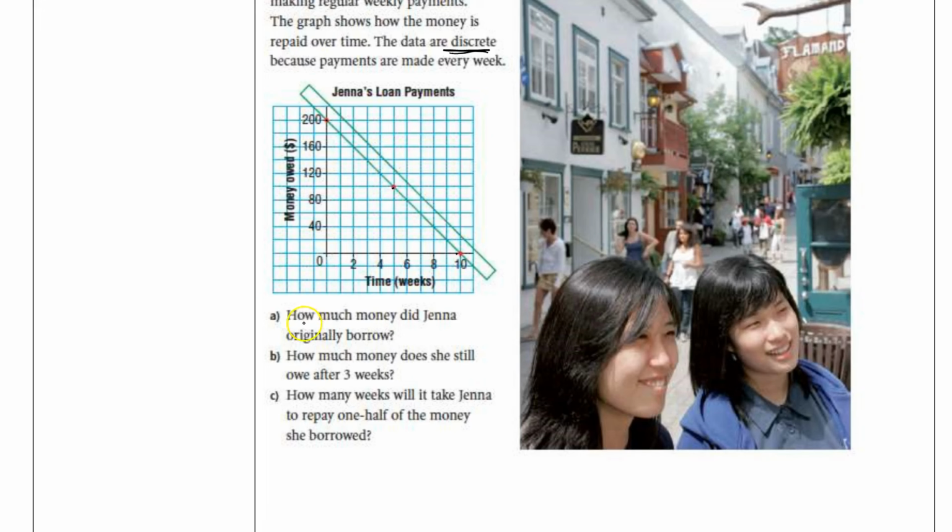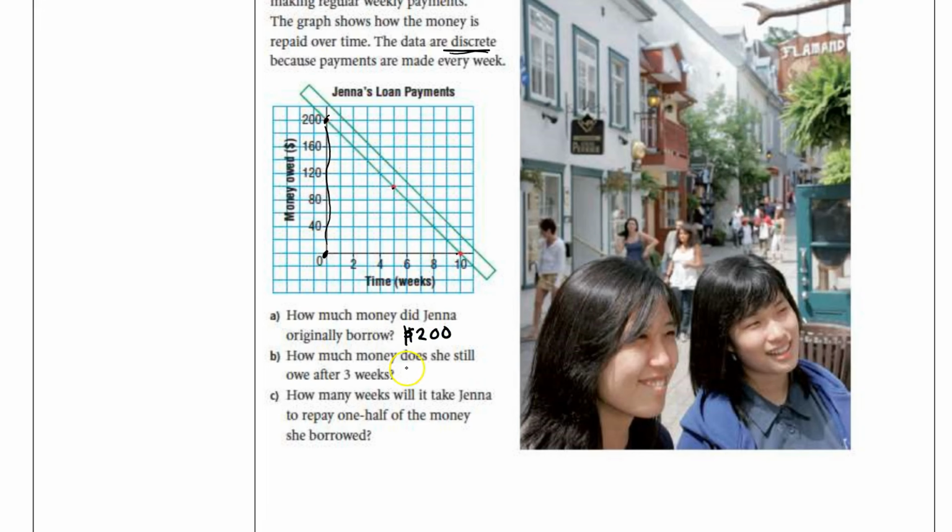So how much money did Jenna originally borrow? Well, the way I would find that is I would go back to the beginning of the time of this loan. And I would say, okay, at time 0, so at 0 weeks, we have $200.